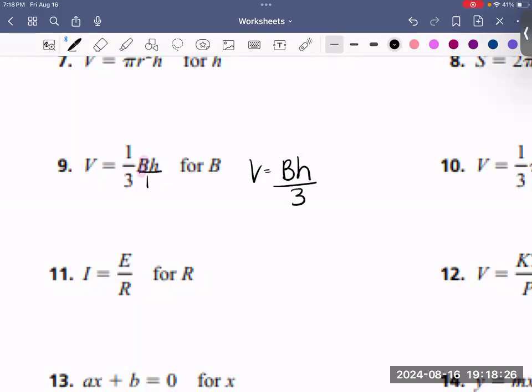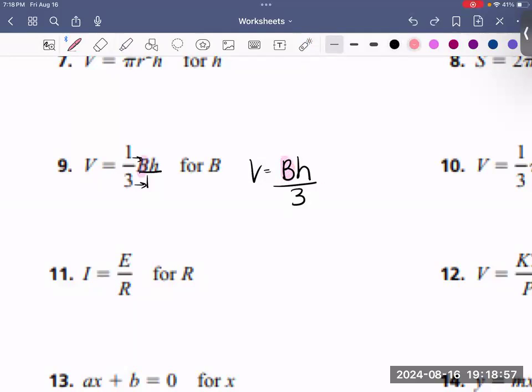Because think about this, these variables being over 1, if you will, and just multiplying straight across. Now, the reason why I like this form a little bit better is that when you start to bring things over to the other side, it's a little bit easier to see when you have this division to do the opposite action. So if you're trying to get b alone, one thing you can bring over is your 3.